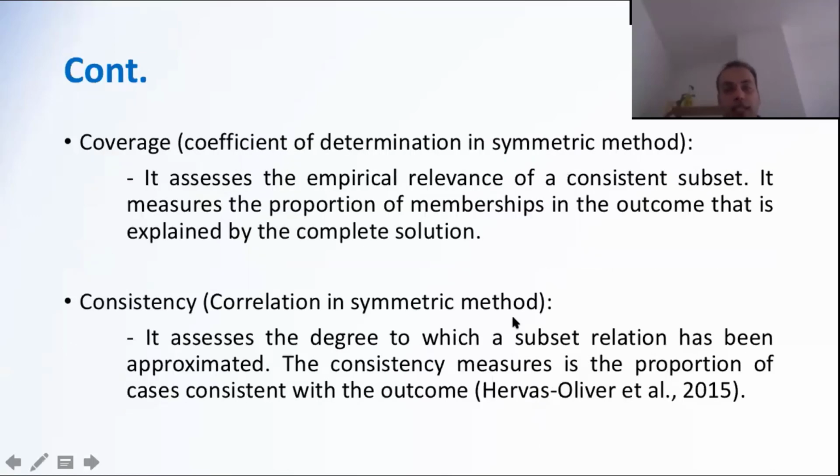Coverage, as I said, is identical to R squared. It assesses the empirical relevance of a consistent subset, and it measures the proportion of memberships in the outcome that is explained by the complete solution. And consistency, which is identical to correlation, assesses the degree to which a subset relation has been approximated.